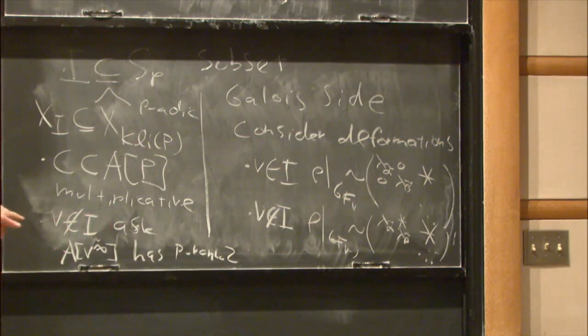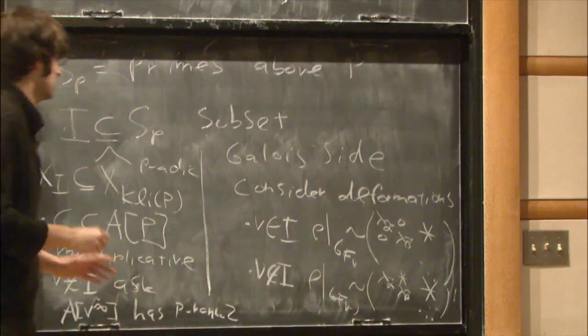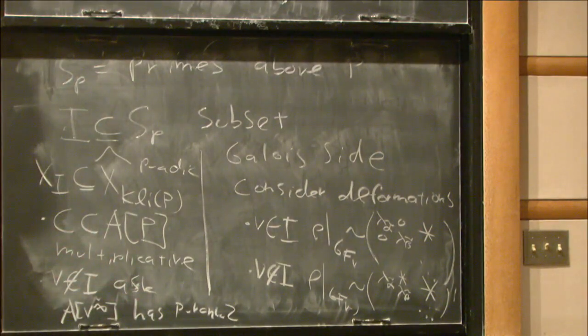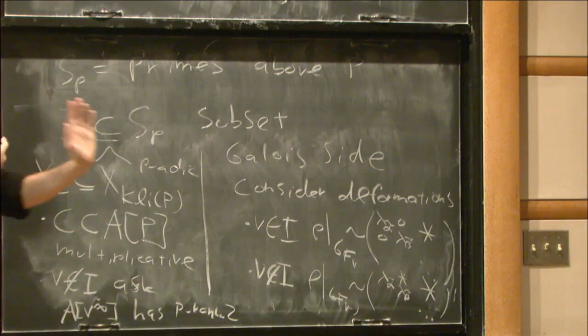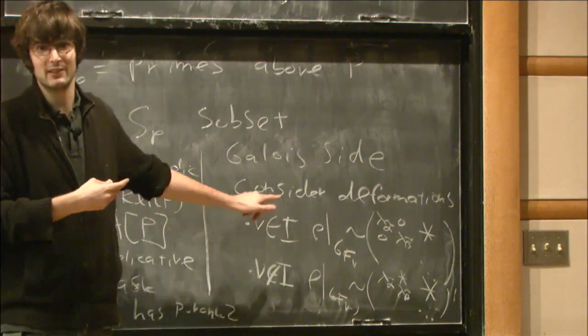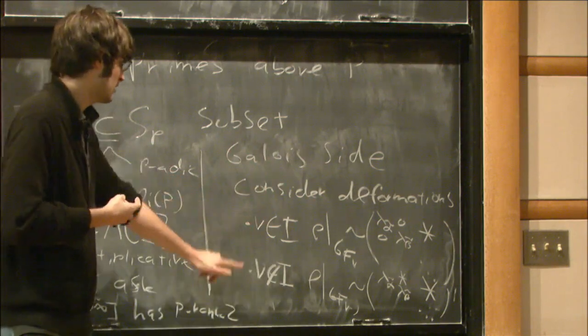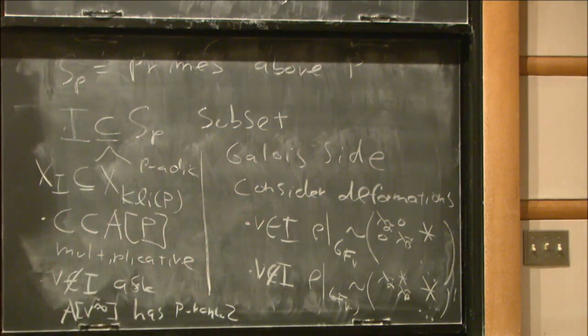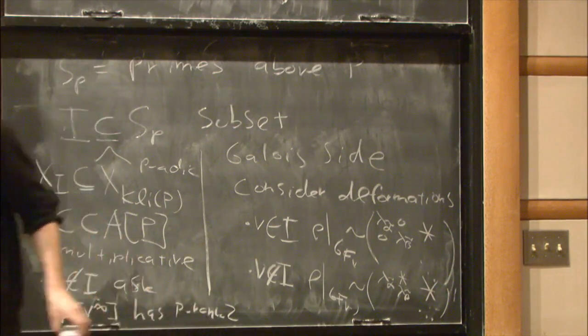OK? And so basically what you should imagine is we're mixing the two Hida theories in Polini's talk. For the primes in I, we're doing the irregular weight Hida theory. For the primes outside I, we're doing regular weight Hida theory. And this is the space where those families live.